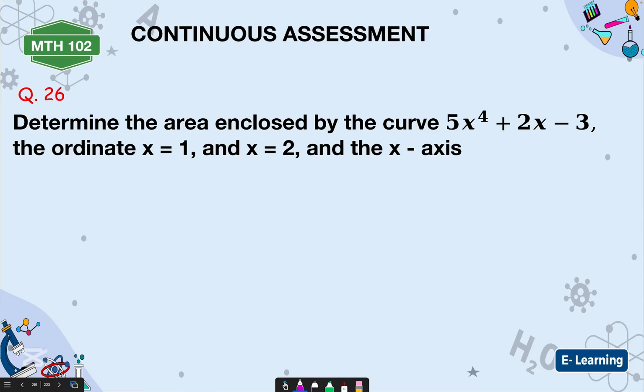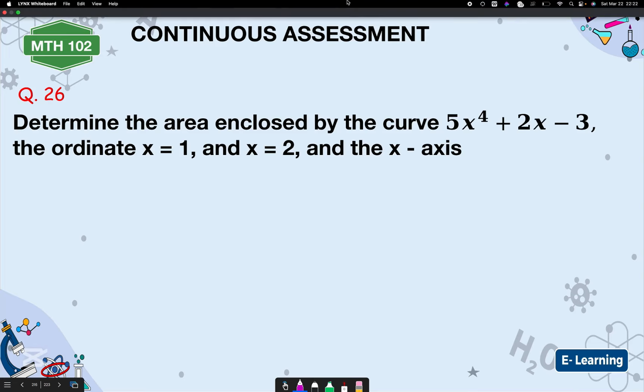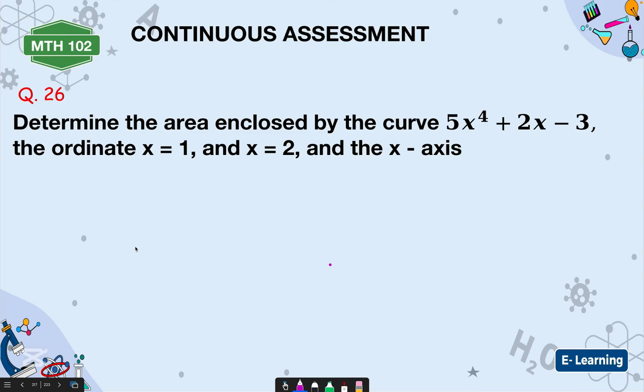Let's see the next one. The next one says, determine the area enclosed by the curve. This is a curve here. That says determine the area enclosed by the curve.